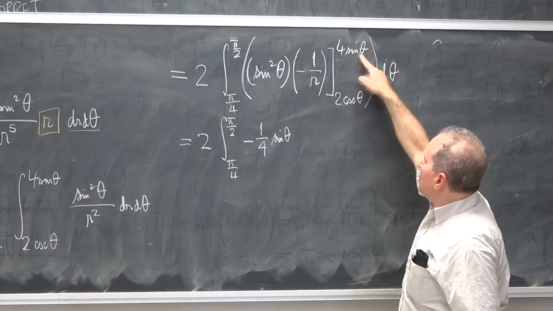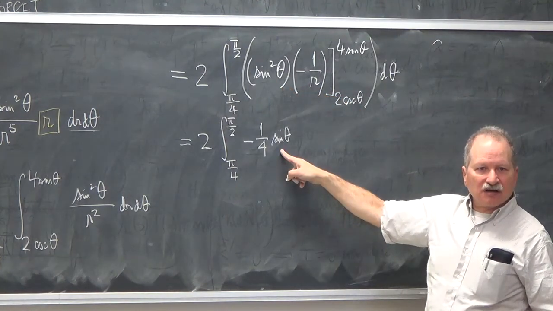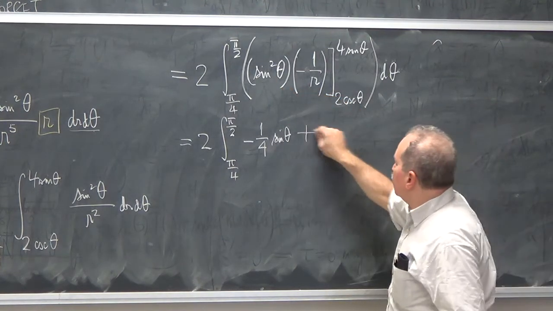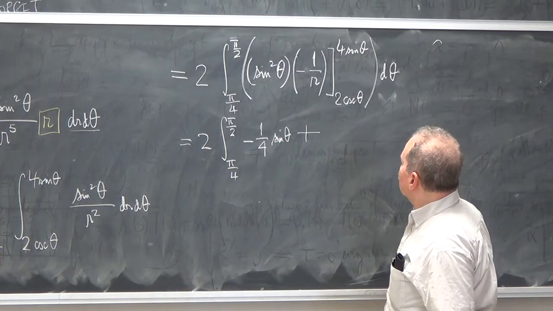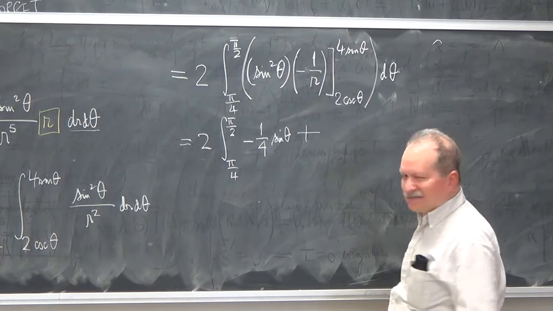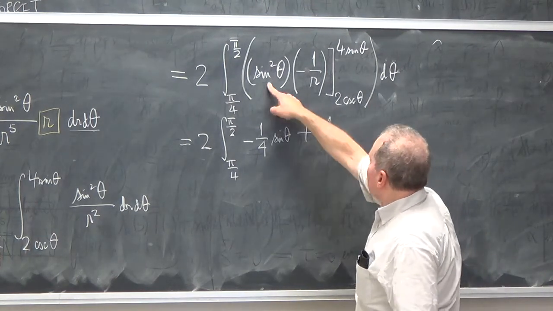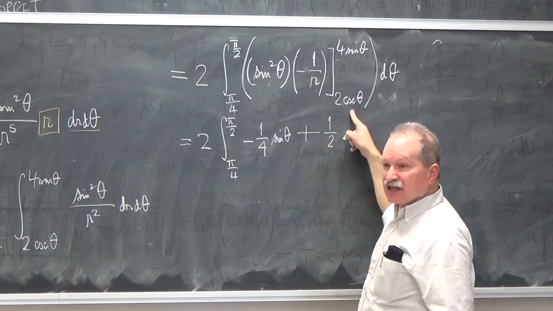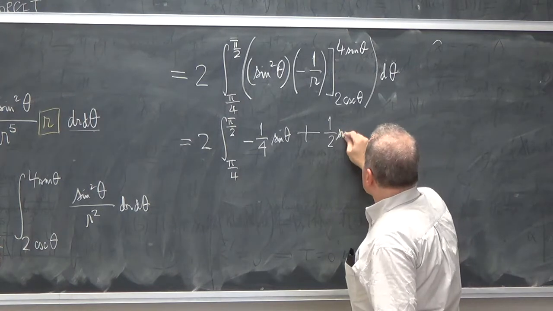When you put the upper limit in, you get negative 1 over 4 sine theta, leaving 1 sine theta in the numerator. It's going to be plus 1/2 sine cubed, sine squared times 1 over cosecant, which is 1 over sine. So this is sine cubed.